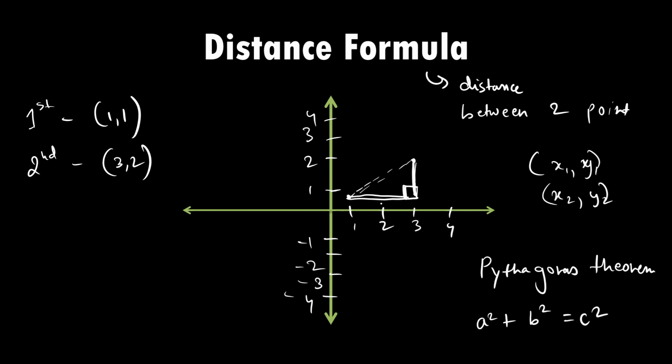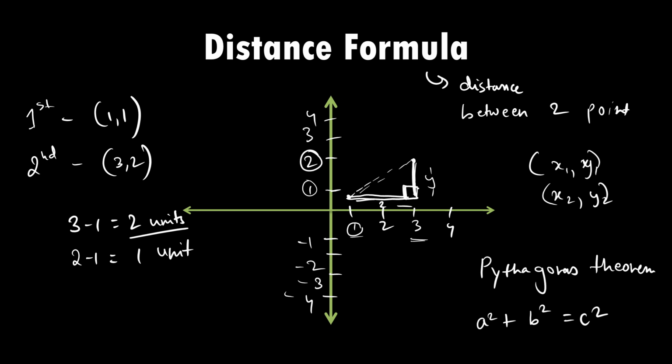So in the x we can clearly see that this is 2, or the other way to do it, subtract the initial from the final. So this can also be written as 3 minus 1, 2 units. And along the y-axis we can see the final is 2 and the initial is 1, so we can simply subtract to get 1 unit.